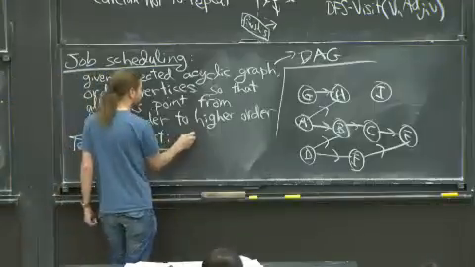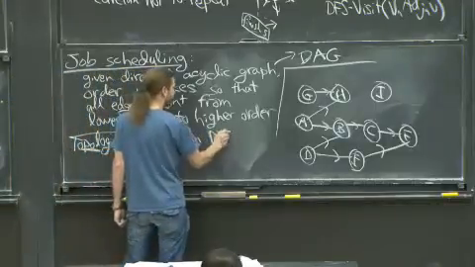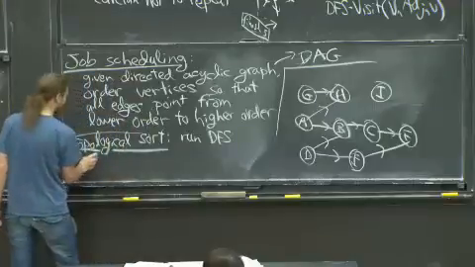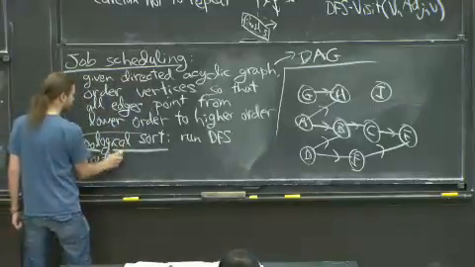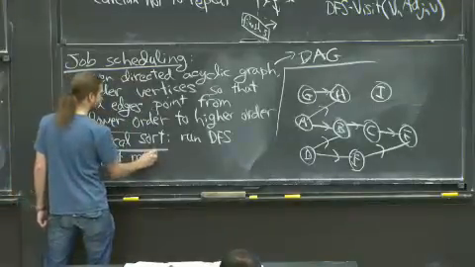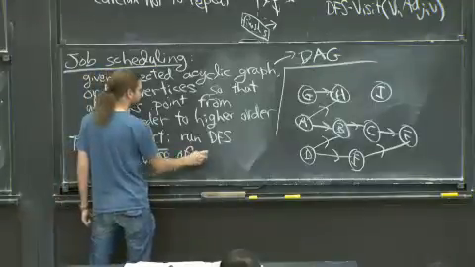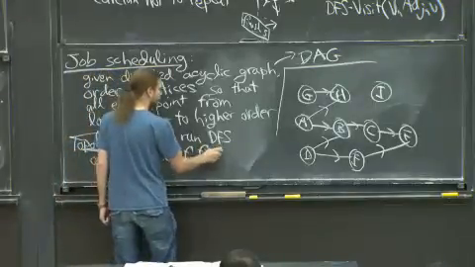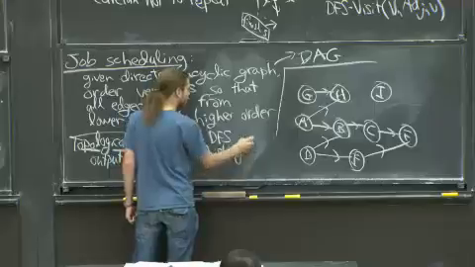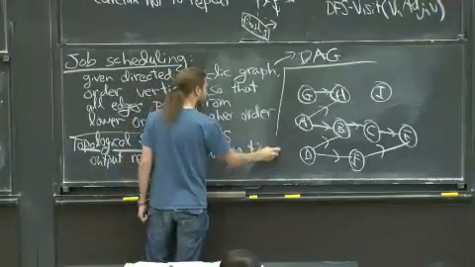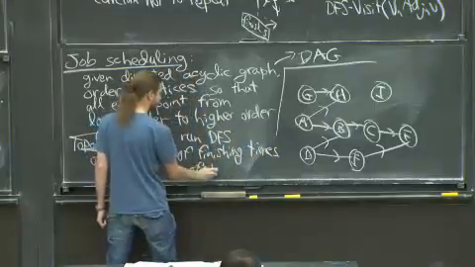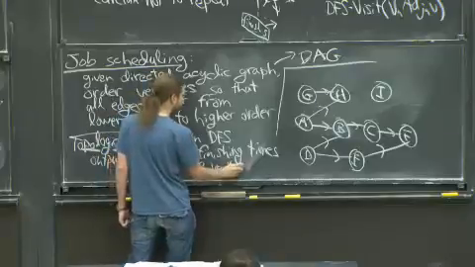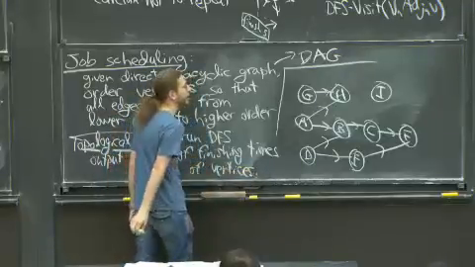And it's run DFS and output the reverse of finishing times of vertices. So this is another application where you really want to visit all the vertices in the graph.